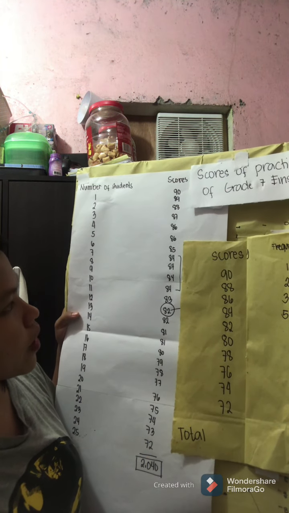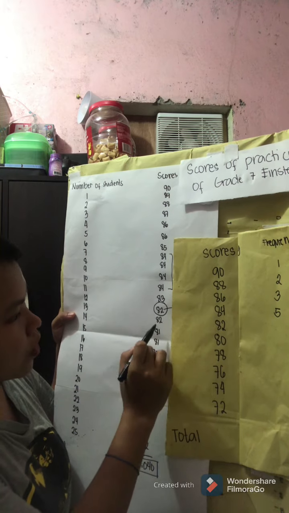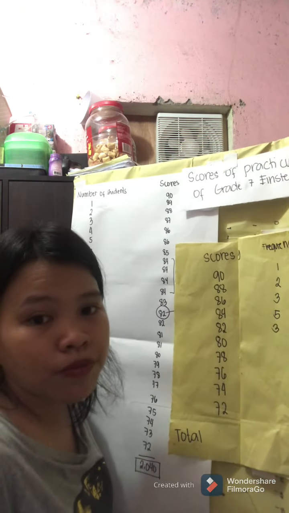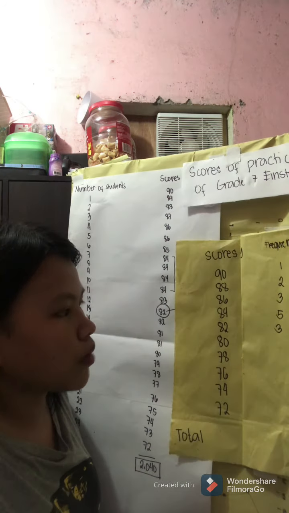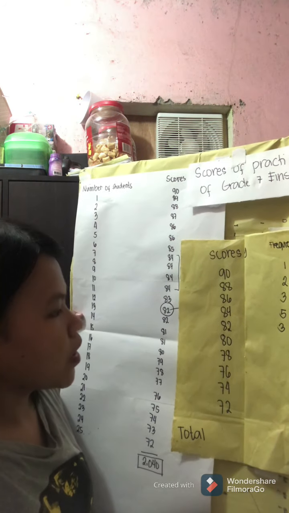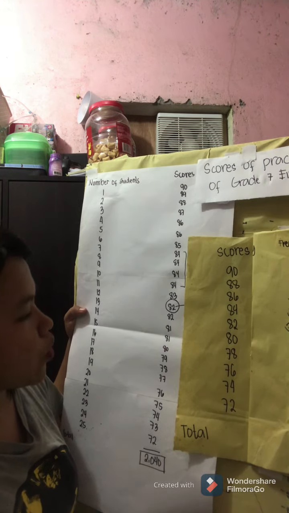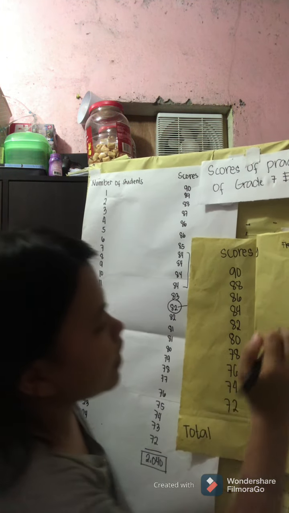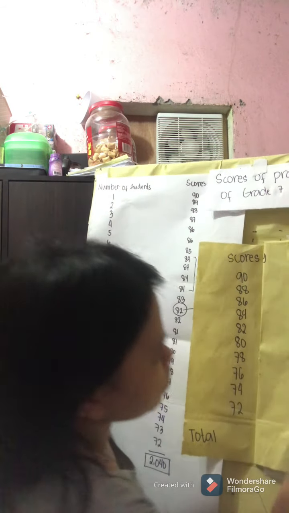In 82 to 83, we have 1, 2, 3. In our 80 to 81, we have 1, 2, 3, so also 3 students.